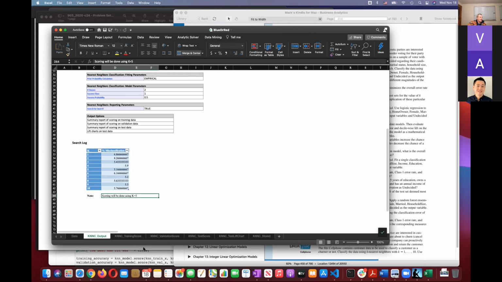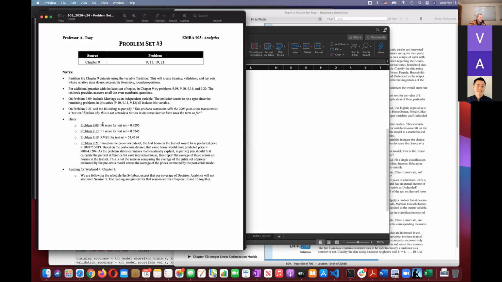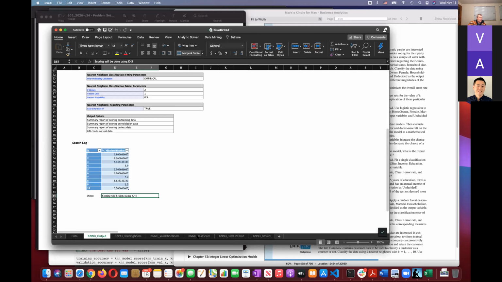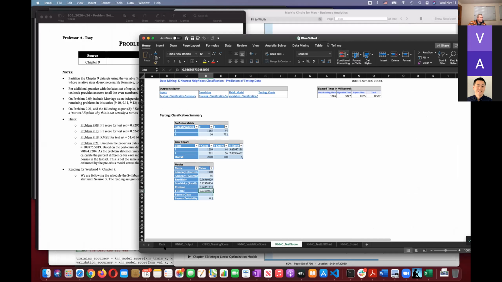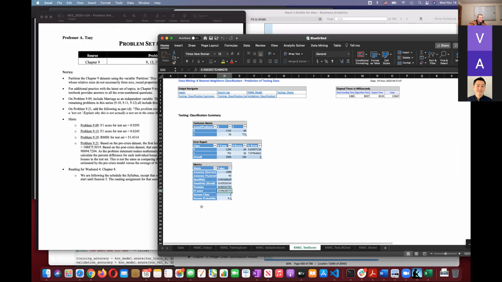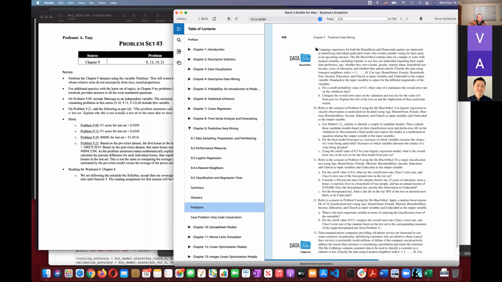Okay, and then Andy told us that the F1 score for the test set is 0.9295. So let's come over here to the test set and look at our F1 score, which is not what he said. Or any of these numbers. And this was chapter 9, problem 9, right?